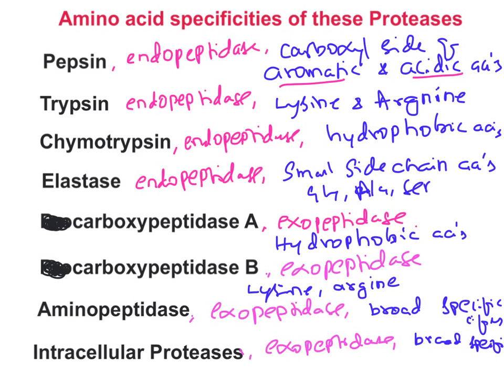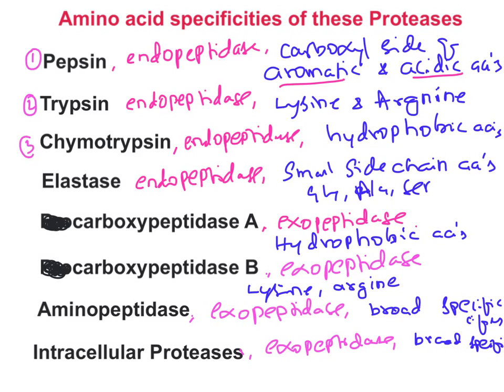Let me quickly recap all the things that I have written so far. We have pepsin, which is there in the stomach. Pepsin is an endopeptidase acting on the carboxyl side of aromatic and acidic amino acids. We have trypsin, an endopeptidase and a pancreatic protease, active on the carboxyl side of lysine and arginine.